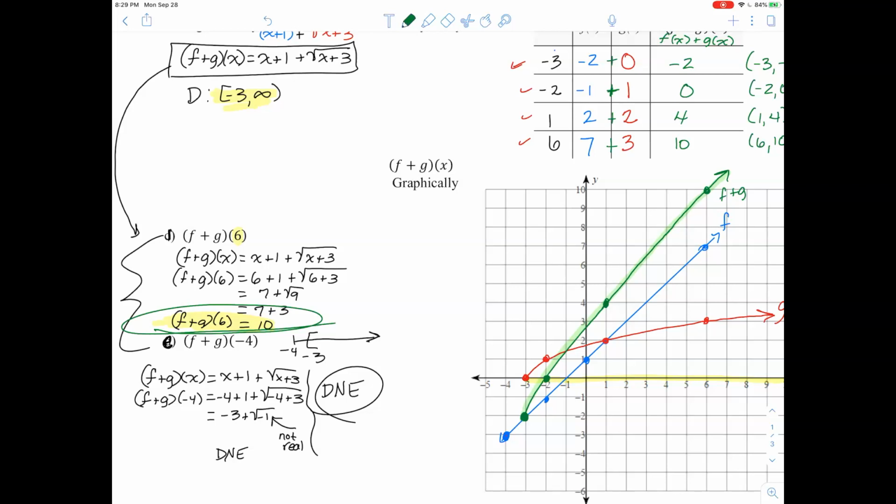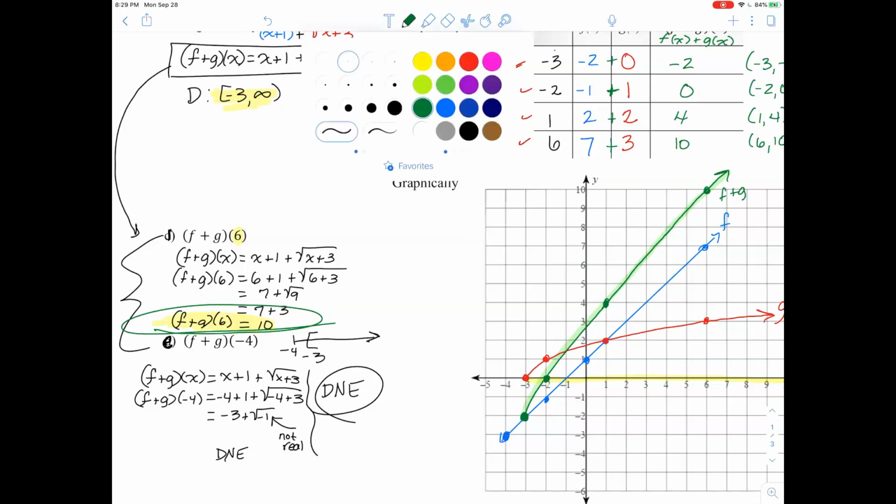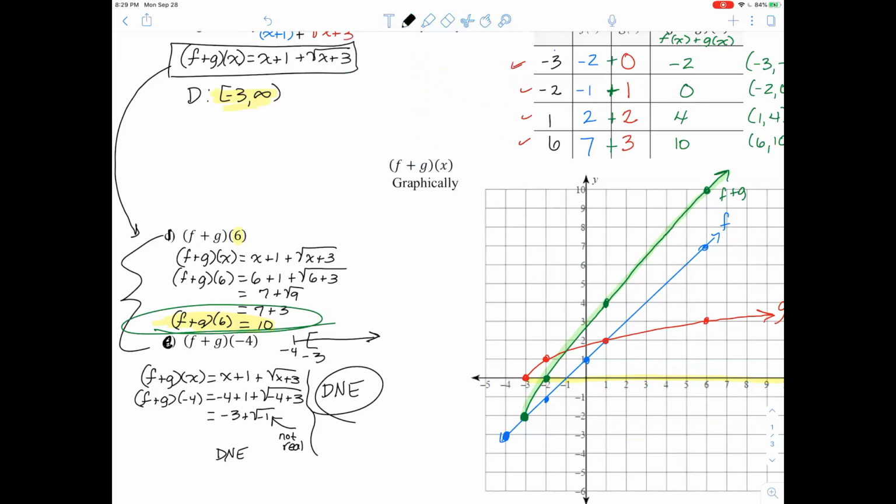Now, I actually could have added these functions together just on the graph. So let's see if you can figure this out. Watch me do this. So I'm going to add the blue function plus the red function, and I'm adding their function values. So let's start right here. This is x equals 6, and this is y equals 7 and y equals 3, and 7 plus 3 is 10.